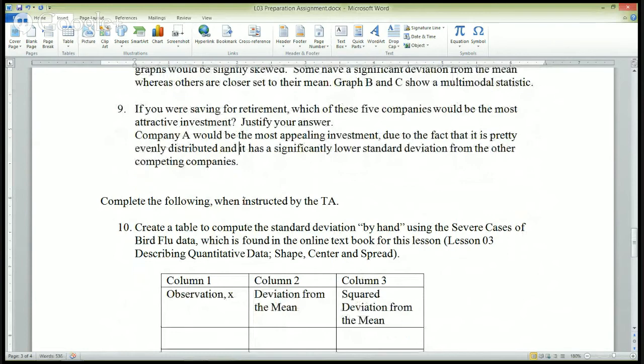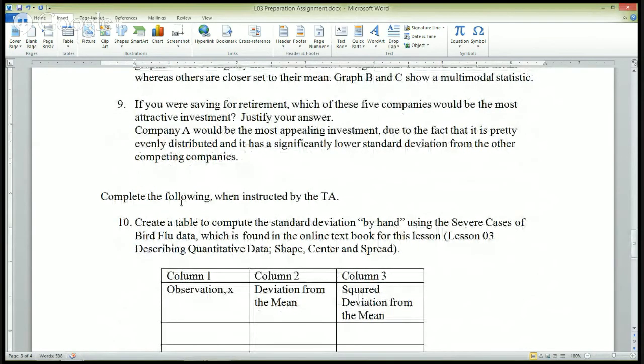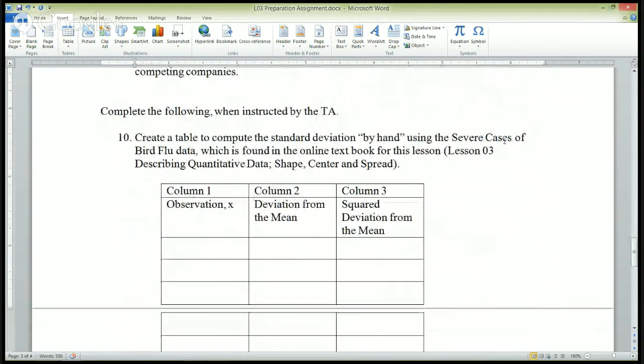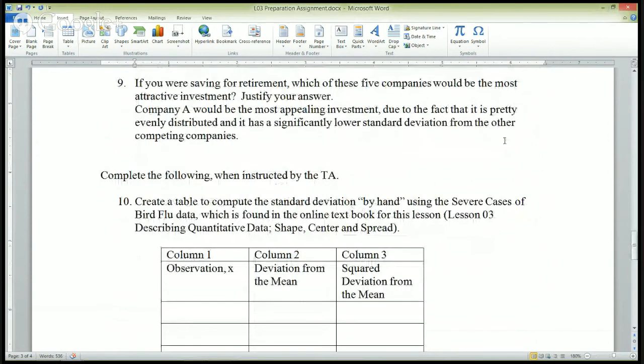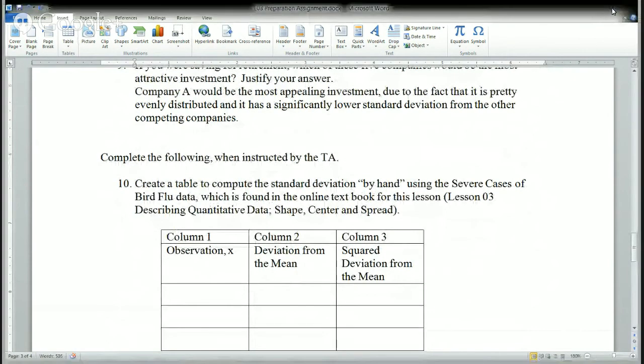All right. So this next part, I was looking at that in the lesson, or in the book. I'm not quite sure what it's asking us to do. For number 10? Yeah, because it says when instructed by the TA.